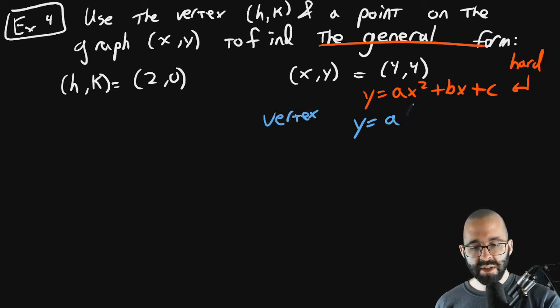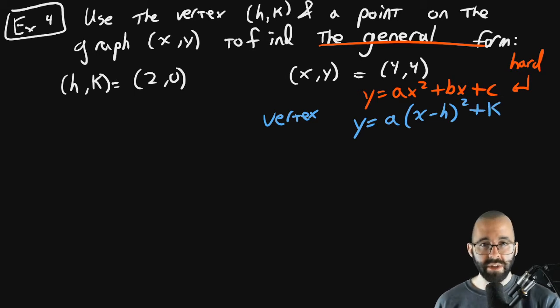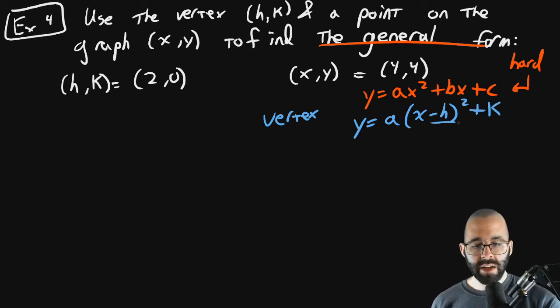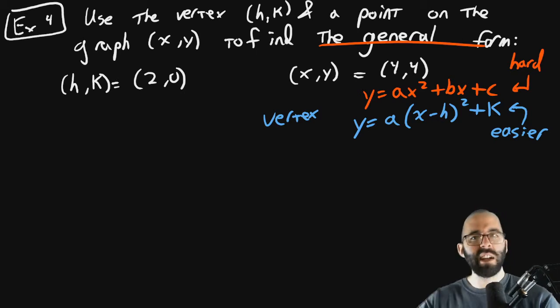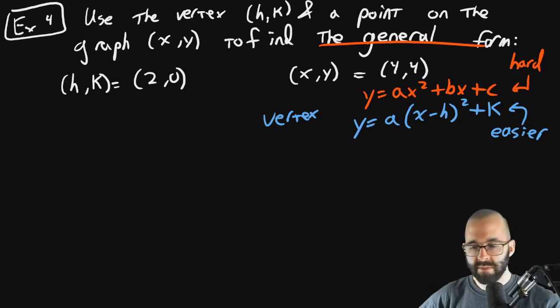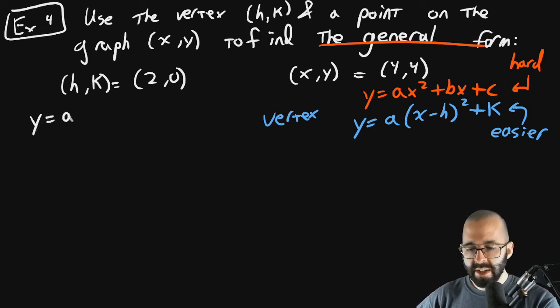Right, vertex form is a times x minus h squared plus k. I know almost all of this. I know h, I know k. So let's start with vertex form and then just get it into general form afterwards. So we know what h and k are, so vertex form is going to be a, we still don't know that, times x minus h squared plus k.